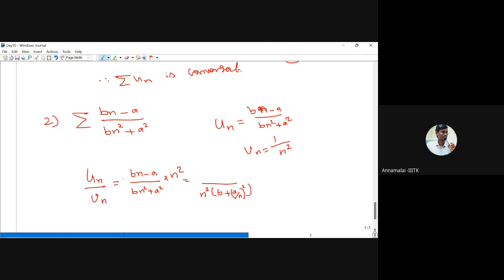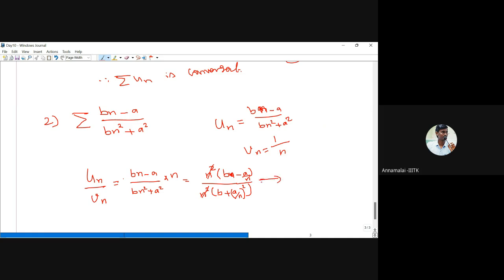In the numerator we have n square times bn minus a. Sorry, we have a problem because there is one more n. Therefore, it is better to take 1 by n. From the numerator also, I take n outside. Therefore we get n into n square, and a denominator of n. Now n square is cancelled.